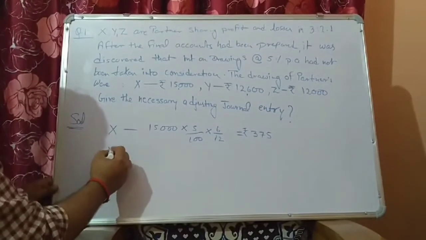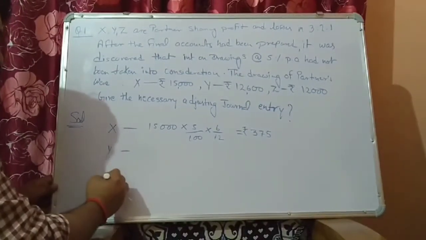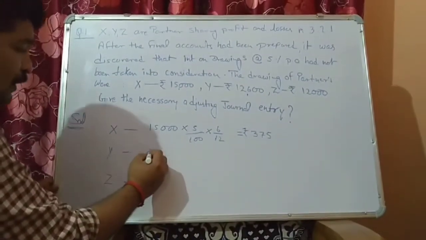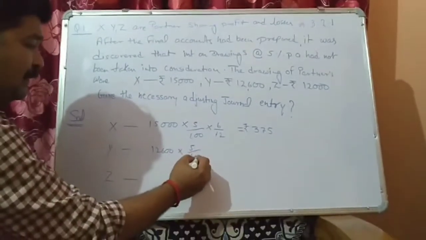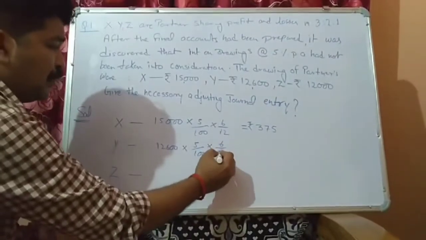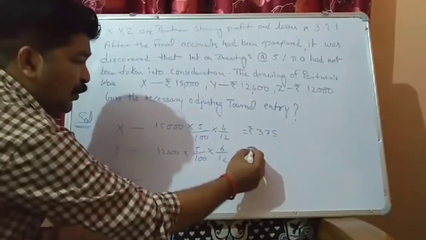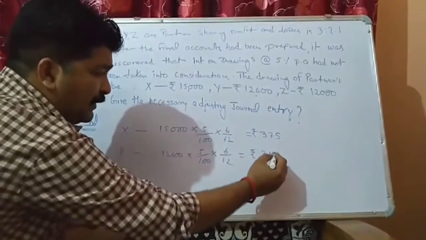Like the same, you have to calculate for Y and Z. 12,600 multiplied by 5 by 100 multiplied by 6 by 12, you will get rupees 315.